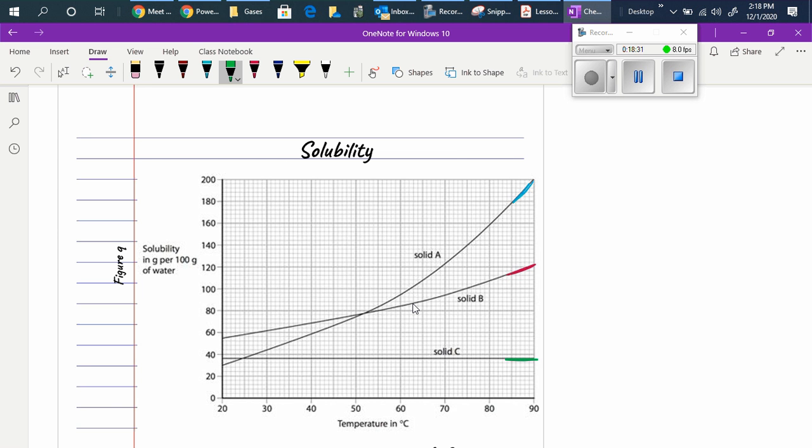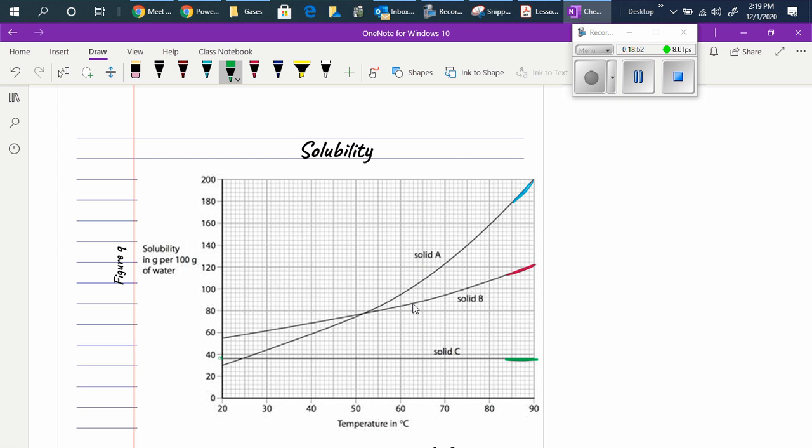So as the temperature is increased, the solubility of compound C is not changing at all, it is the same. It is about 38 grams per 100 grams of water. So the solubility doesn't change, it will always be this.